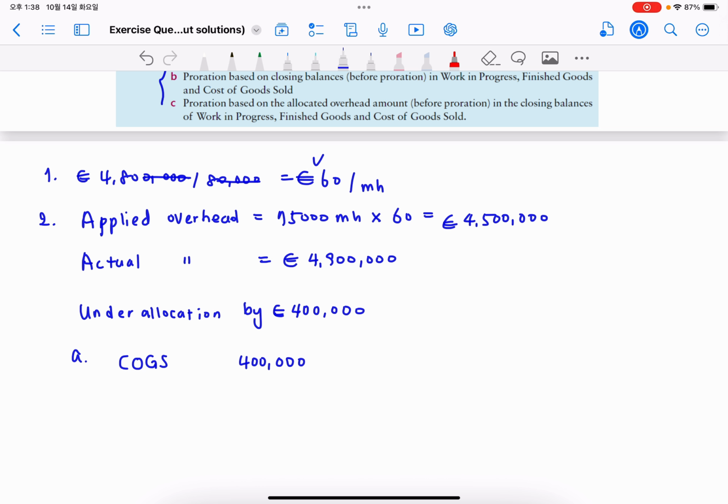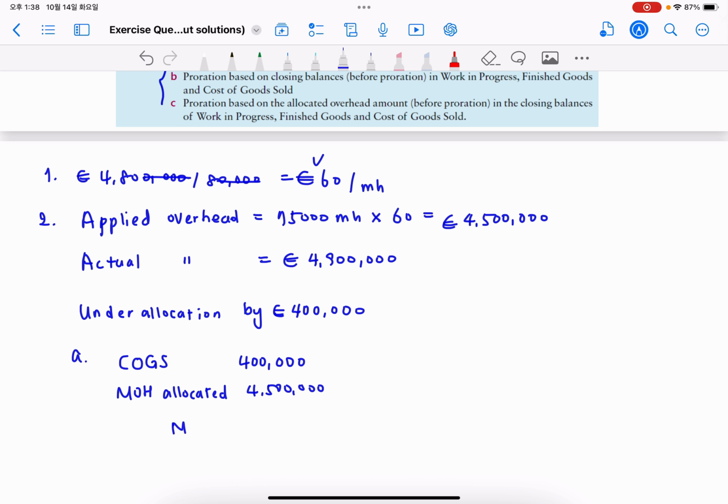But this is not all, right? We need to cancel out the entries. For example, since we have credited the MOH allocated before, we now need to debit the MOH allocated by 4.5 million.